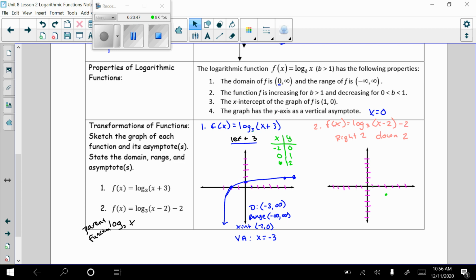So when we shift that to the right, we're also moving our vertical asymptote to the right as well. So where it was x equals 0, your new vertical asymptote is now at x equals 2. And so you have this vertical asymptote line right here. All right. So this actually won't have a y-intercept.